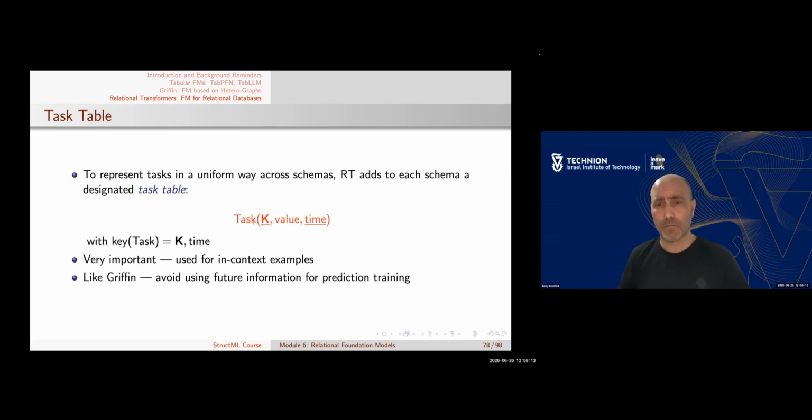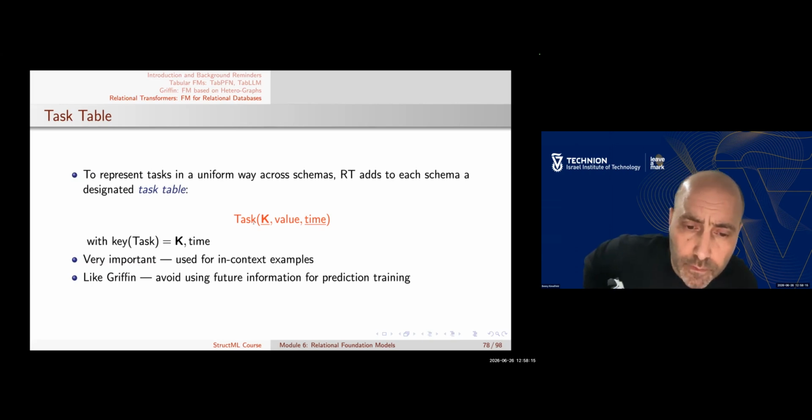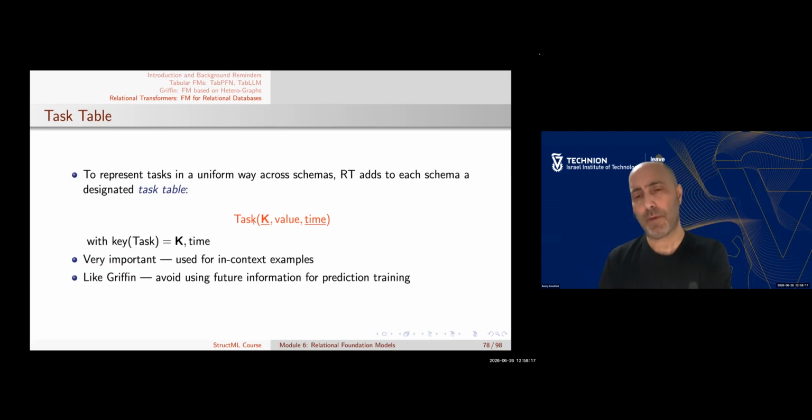So it is quite central in the design, and it means that basically if you have a new dataset, a new database, then you need to designate a table or build and designate a table as a task table with this specific signature.